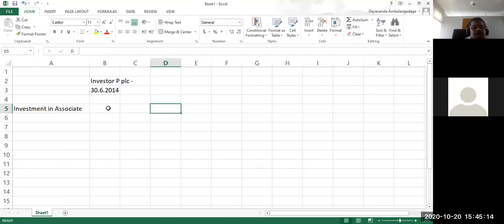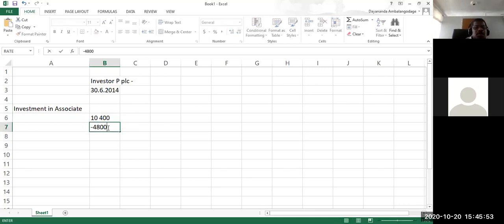Here you have to put two things. One is the initial investment, which I think you can remember, and now we are increasing it by 10,400 and also minus 4,800, because that is the dividend portion.